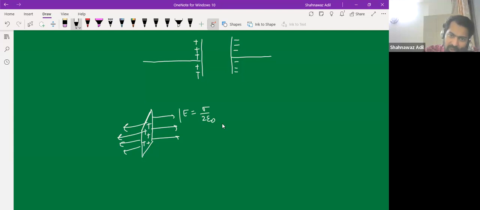So that is the amount of electric field for the case of positive. Just take this value for now, and when we do the first chapter, this would be easy to understand.